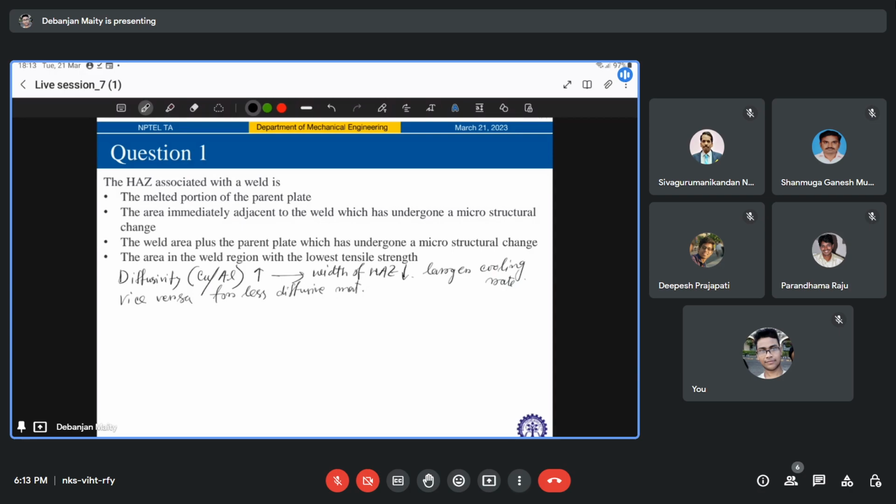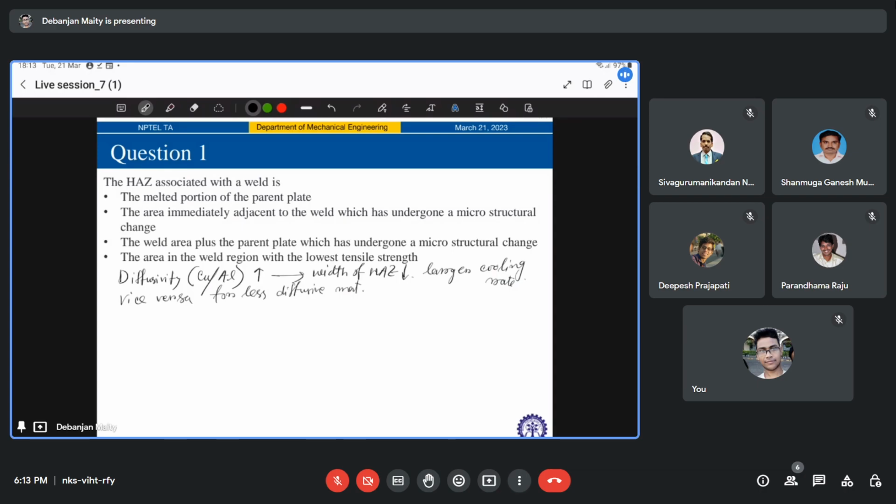Now, the amount of heat input during the welding process also plays a role. Oxy-fuel welding uses high heat input and increases the size of the heat affected zone. For processes like laser beam welding or electron beam welding, the heat is very concentrated, so there will be a limited amount of heat, resulting in a small heat affected zone. How can we calculate how much heat is getting into the welding zone?